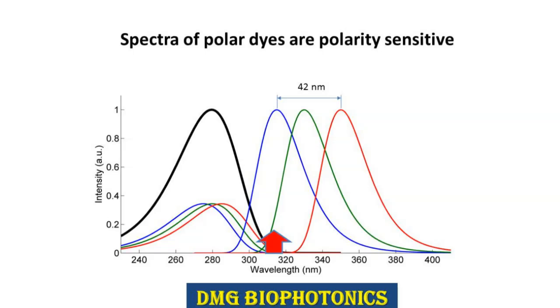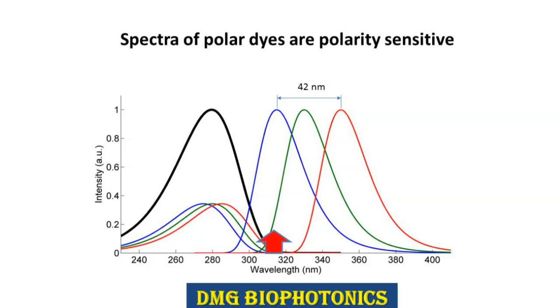The higher the polarity of the solvent, the redder is the wavelength of the spectral band. The spectral shift of tryptophan between non-polar solvents, such as cyclohexane, and highly polar solvents, such as water, is about 42 nanometers, which is comparable with the half-width of the spectral band.